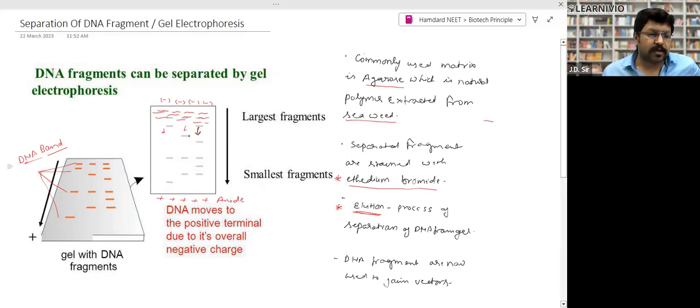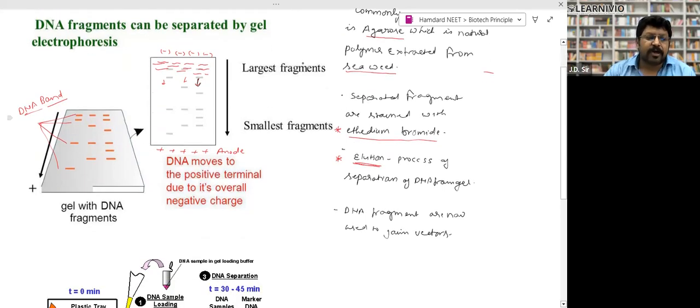When DNA starts moving, the larger fragments remain behind, and the smaller fragments get arranged at the forward side because of the hindrance I have told you, right? Then different bands are created, with different lengths, and we separate the fragments. These fragments are stained with the dye ethidium bromide, right?